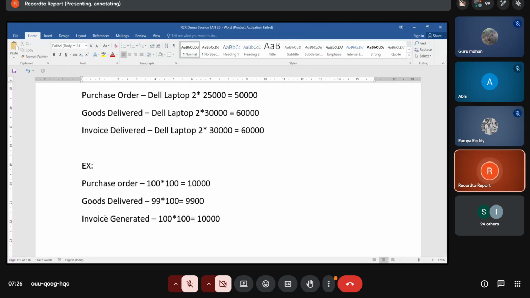So all the three have to be matched. That process is called three-way matching. Matching of goods receipt, invoice receipt, and purchase order. The process is called three-way matching.